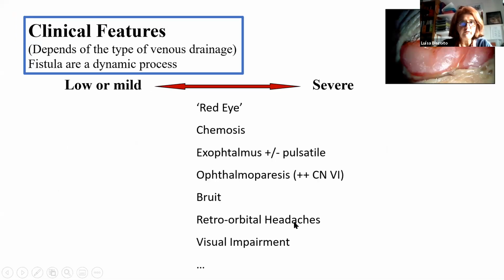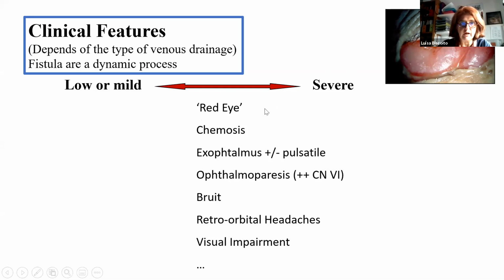The clinical features depend on the type of the venous drainage. We know that the fistula is a dynamic process. It's evolving over time, and we can have mild symptoms up to severe symptoms.